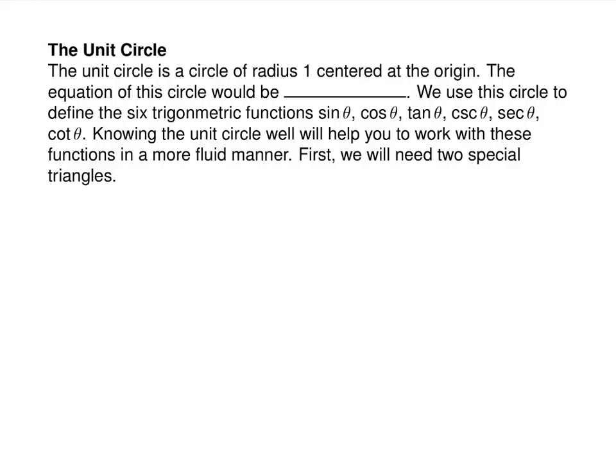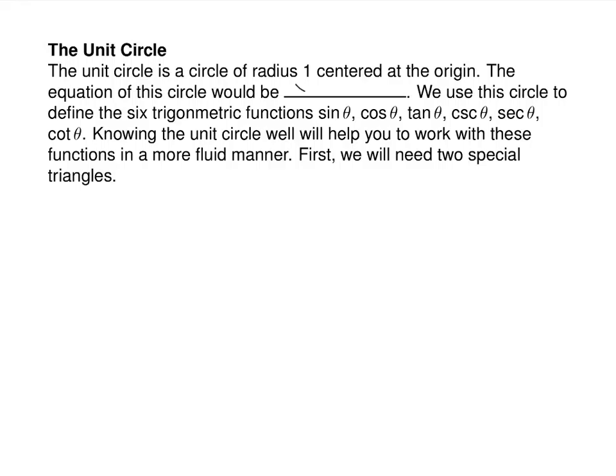So the unit circle is a circle of radius 1 that's centered at the origin. It's used to define all these trig functions so we can have angles that are outside the range of the angles used in just the basic trigonometry you know. What is an equation of a circle that's centered at the origin of radius 1? You did it this semester. Do you remember?